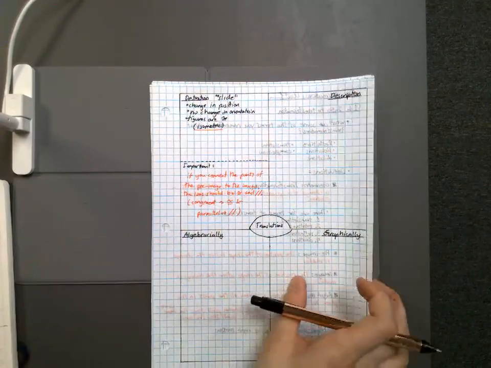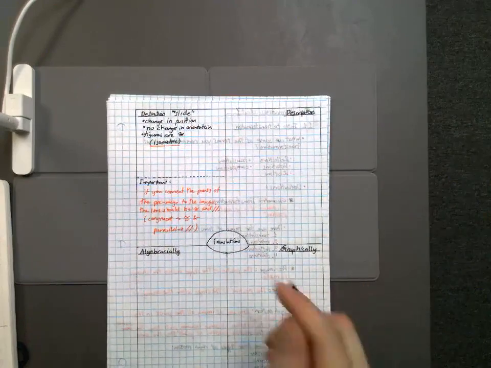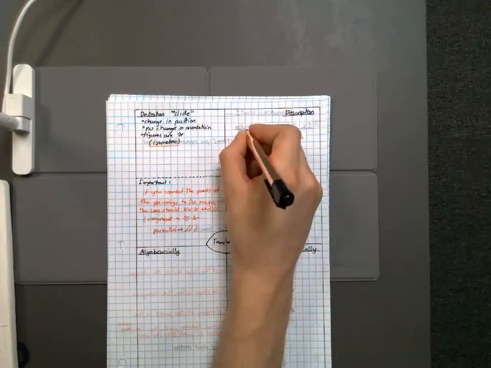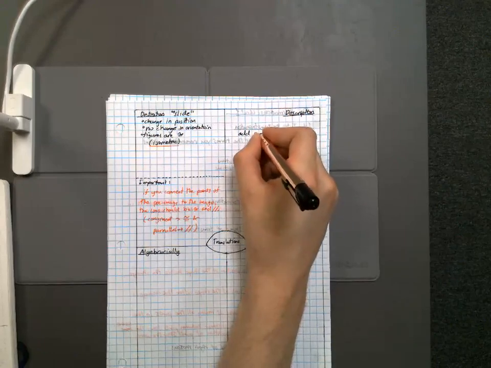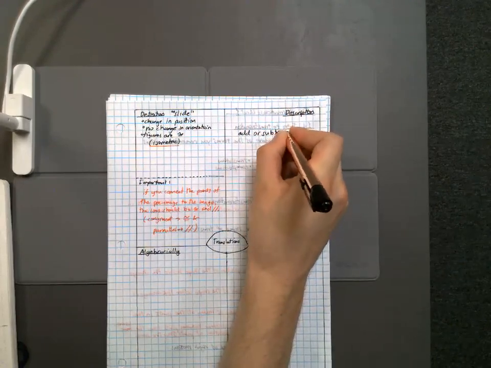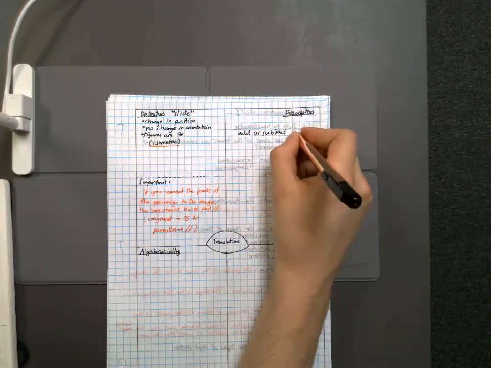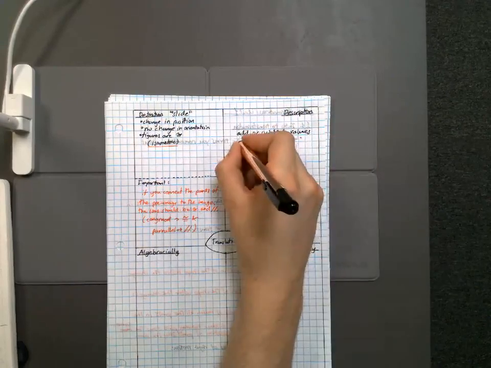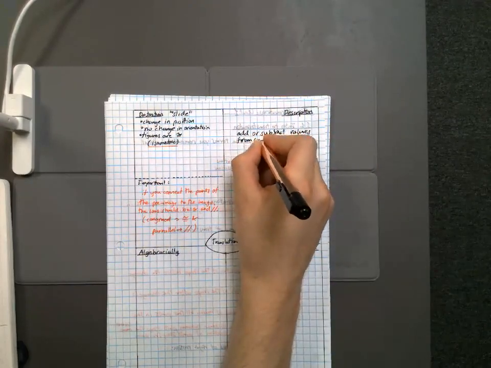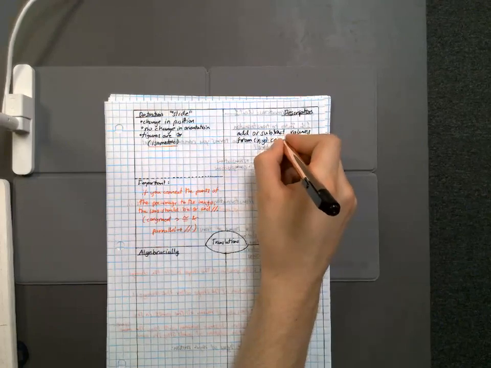All right, next up, description. Description is relatively straightforward. When we do translations, we either add or subtract values from X and Y coordinates.